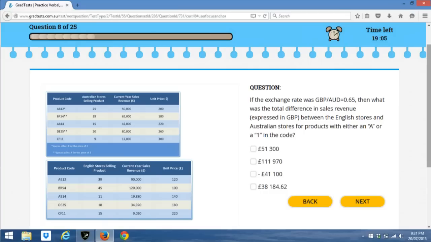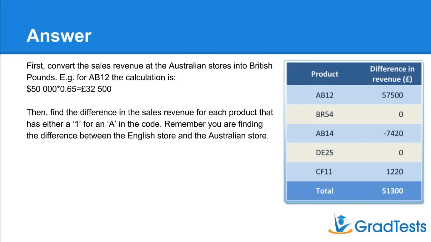Now, we're given the sales revenue figures for all those products, but what we're going to have to do is exchange the Australian dollar amount to British pounds or vice versa. So we're going to have to get all the sales in a common currency. So let's have a look at the working on the next page.